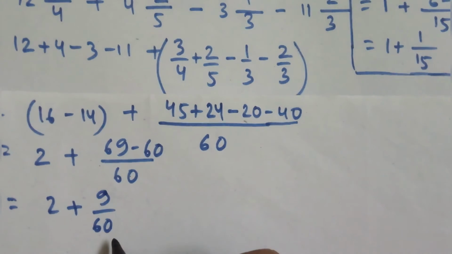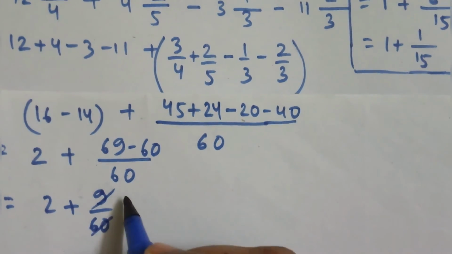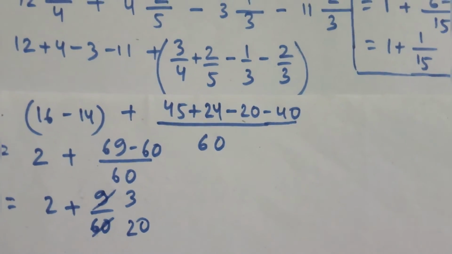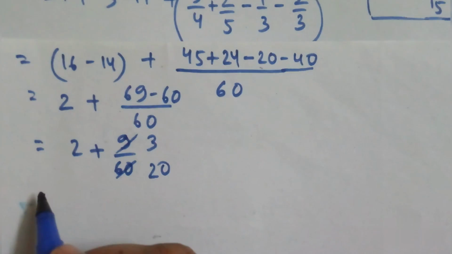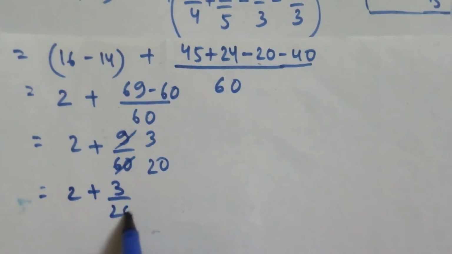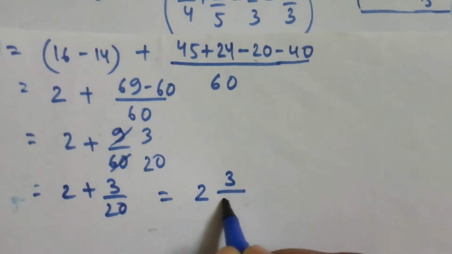The numerator and denominator are divisible by 3. So the answer will be 2 plus 3 by 20. So we can write it as 2 3 by 20.